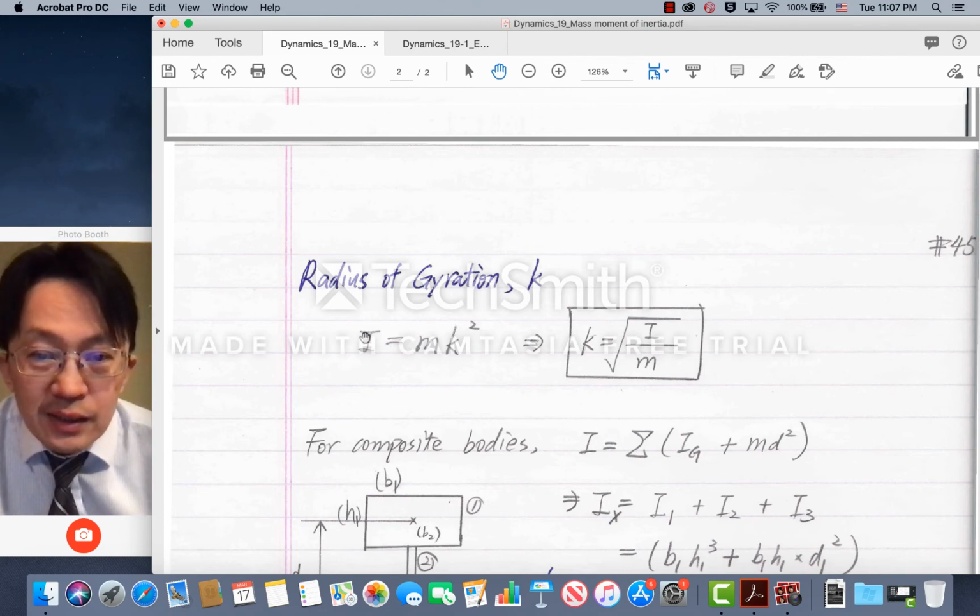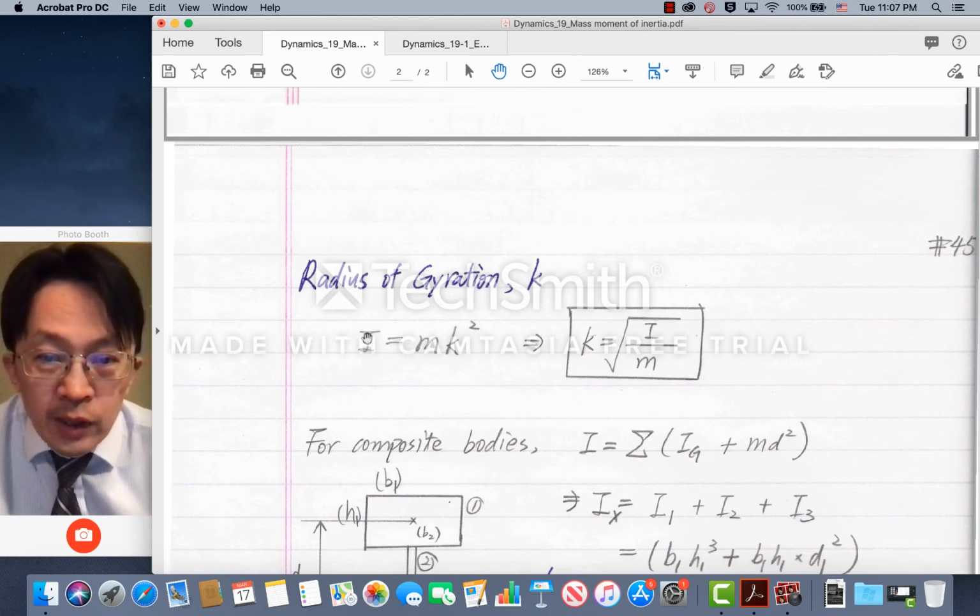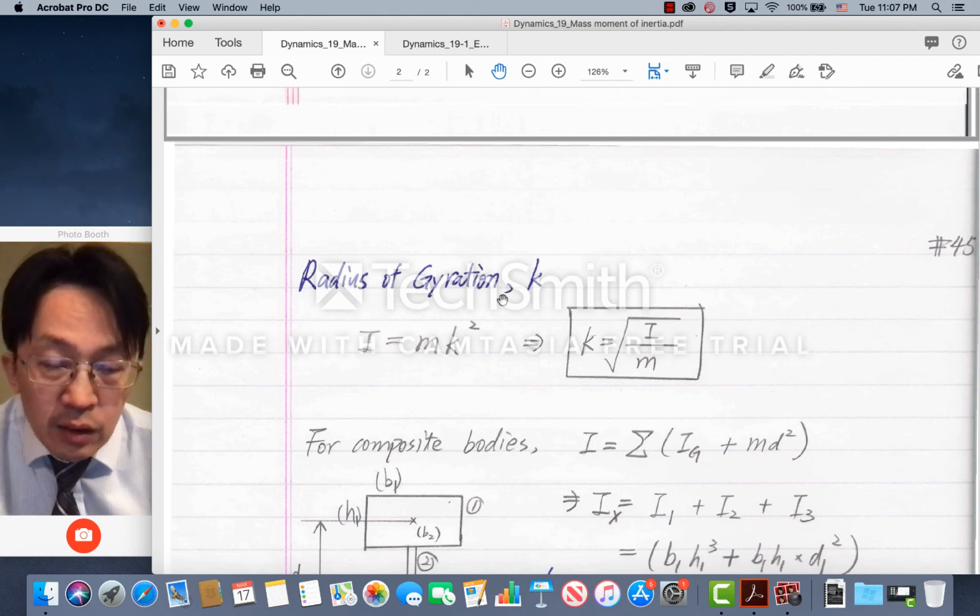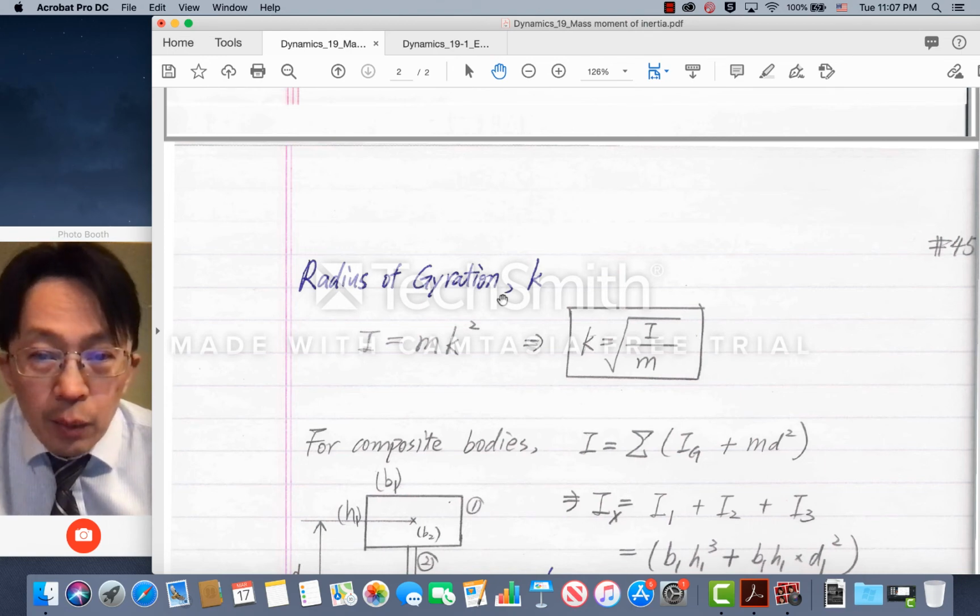However, because the value of mass moment of inertia must be specified with respect to a chosen axis, the value of radius of gyration must be provided again with respect to a chosen axis. Therefore, if you are provided with different values of radius of gyration with respect to different axes, you have to pay attention to the right axis to use.